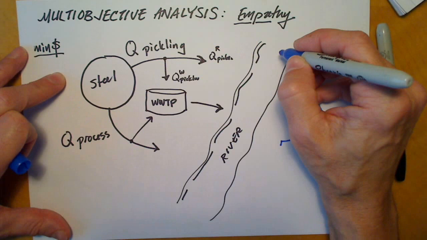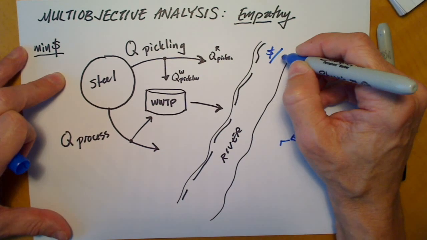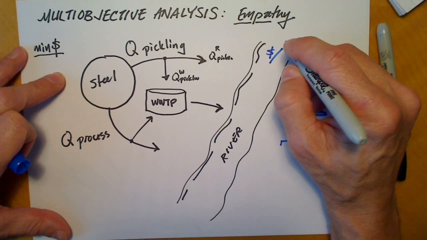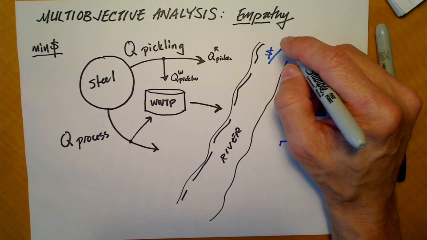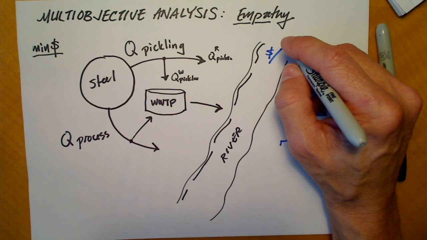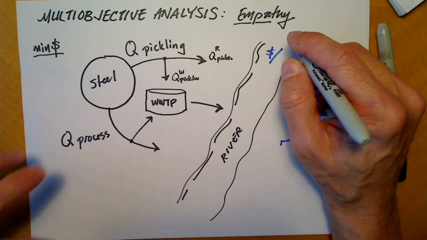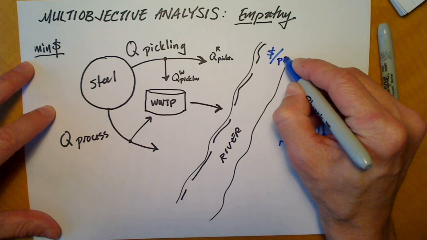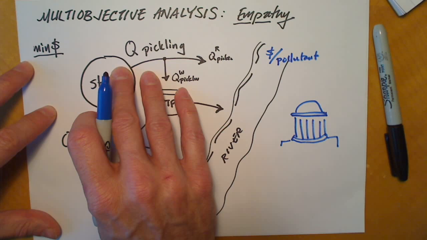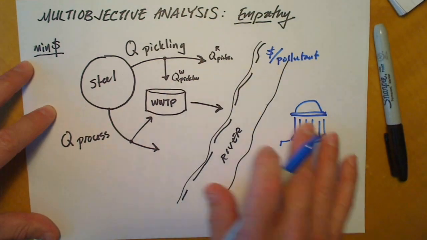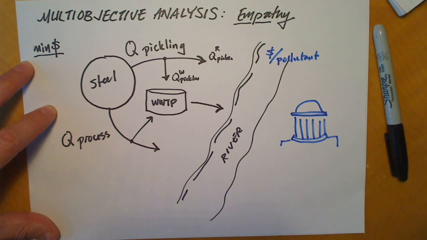They charge a certain price per pollutant. We could measure the pollutant. There could be lots of different ways to measure it. For example, it could be measured in BOD. It could be measured in milligrams per liter. But in any case, the steel plant pays money to the local government for the right to discharge pollutants into the river.